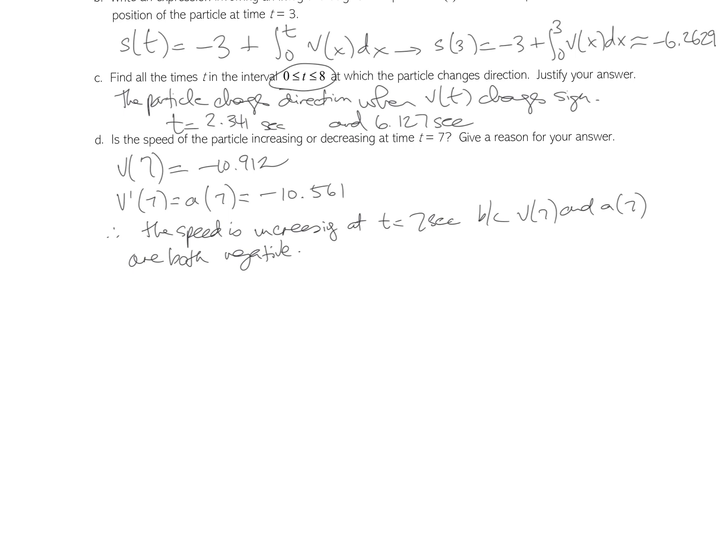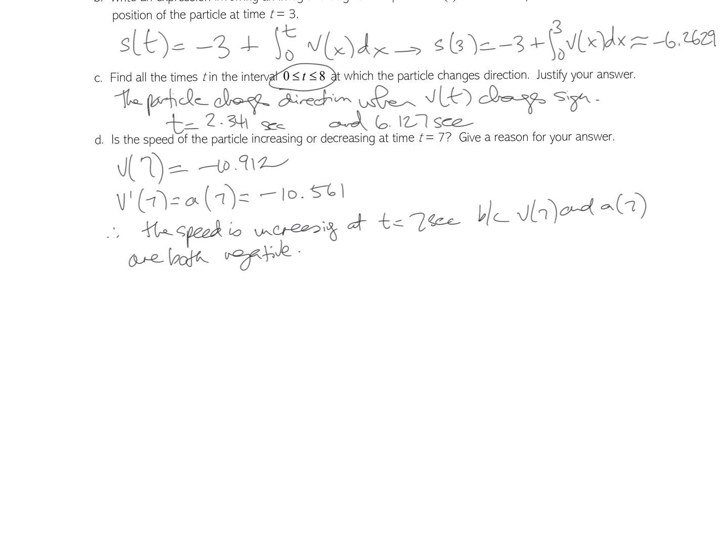For fun, if you want to look at the graph of v of t, the absolute value of v of t, which is the speed, all you have to do is go to math, then number, and then function number 1 is ABS, which is the absolute value. If you graph the absolute value of y1, and you look at the graph at time 7, the curve is increasing, which also means it's speeding up.